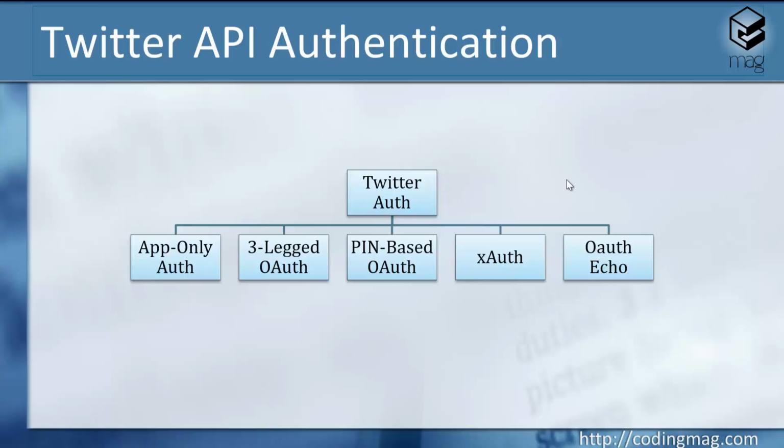The keys that you will get depend on the authentication method that you will use. There are 5 available authentication methods. The first one is app-only authentication. We will use that, but in the upcoming slide I will show how it works, so I will not describe it now. The second is the three-legged authentication, three-legged OAuth.